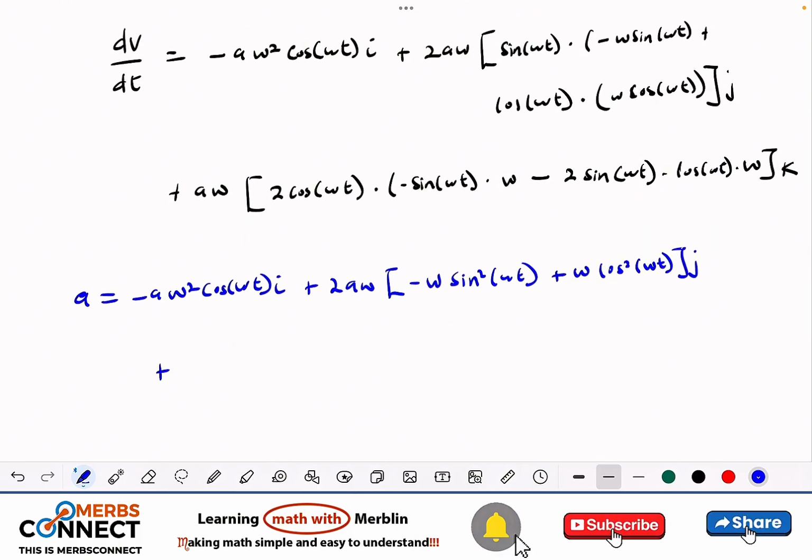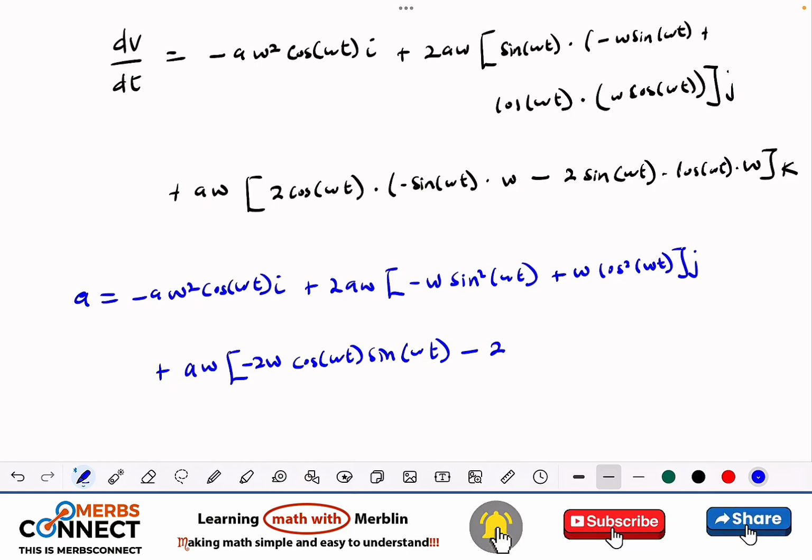Then plus a omega. When I multiply this one through, I'm going to have minus 2 cos omega t sine. Okay, I have omega again. So this one will be minus 2 omega. Then I have another minus 2 omega cos omega t sine omega t. This is going with k.